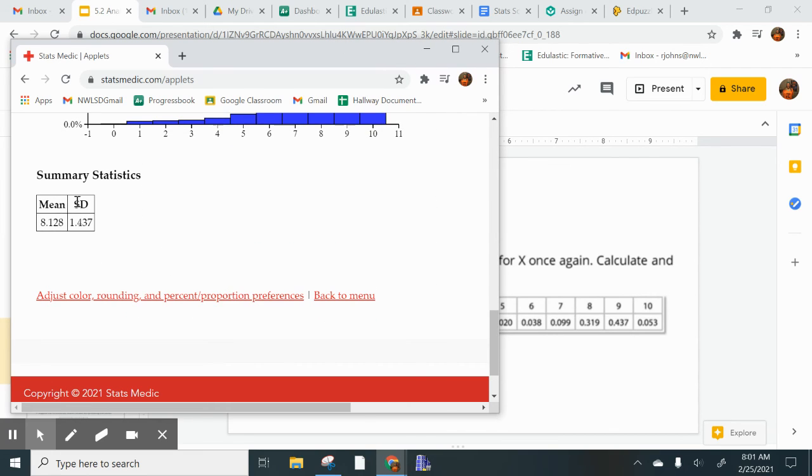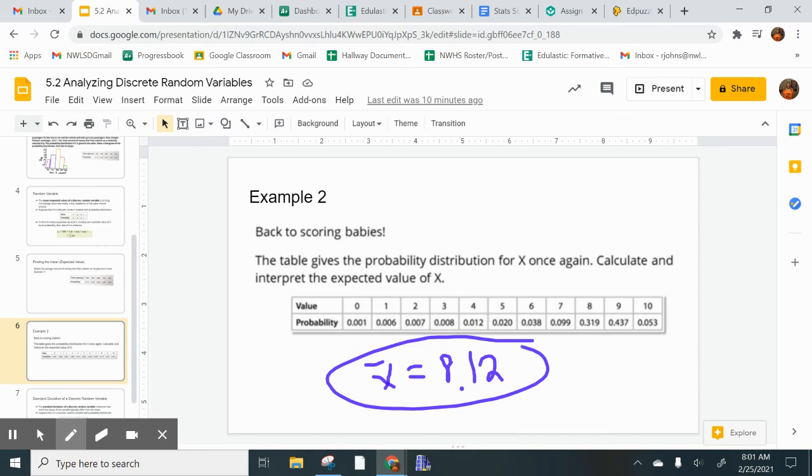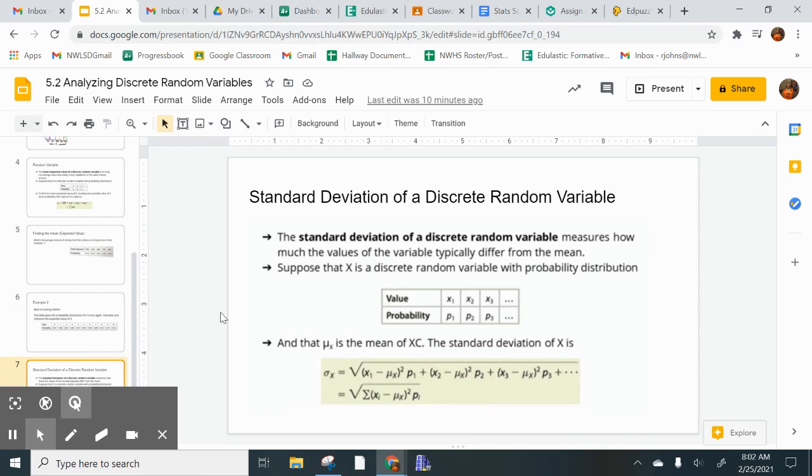Then they give you the mean, and then they give you the standard deviation. So the mean, our expected value, is 8.12. And that's all you'd have to do for that. Okay, let's keep going.